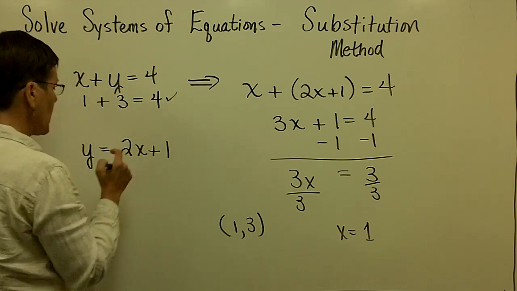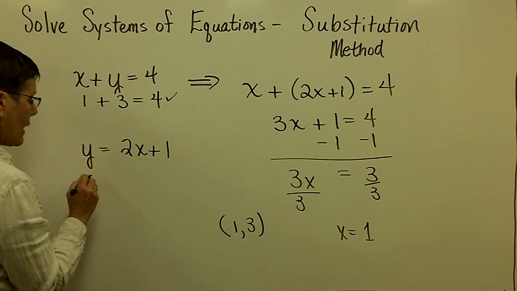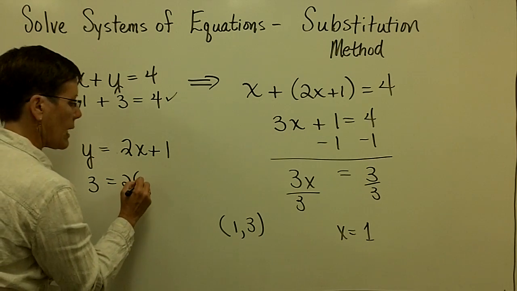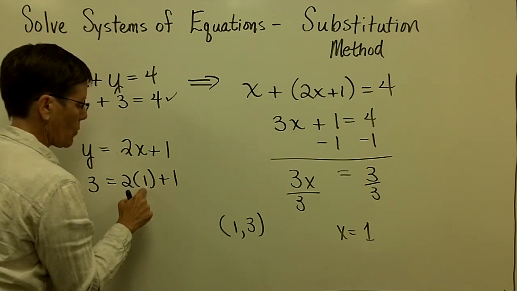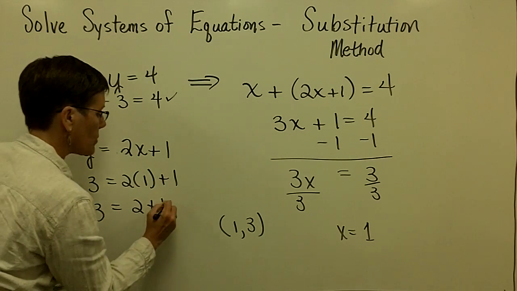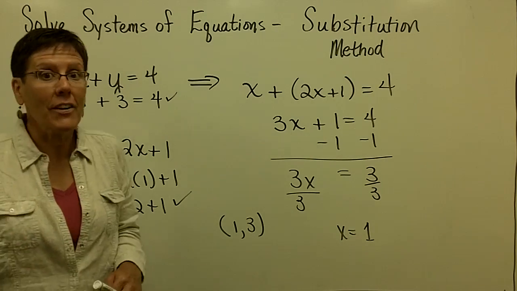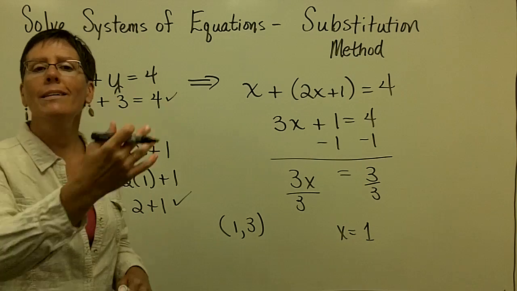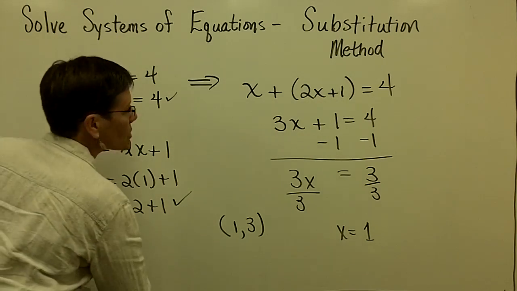And it is. Down here, if y is 3 and x is 1, so right there for x I'm putting in a 1, do I get a true statement? And it is. It's very nice. You can walk away saying, I know I got this solution correct.